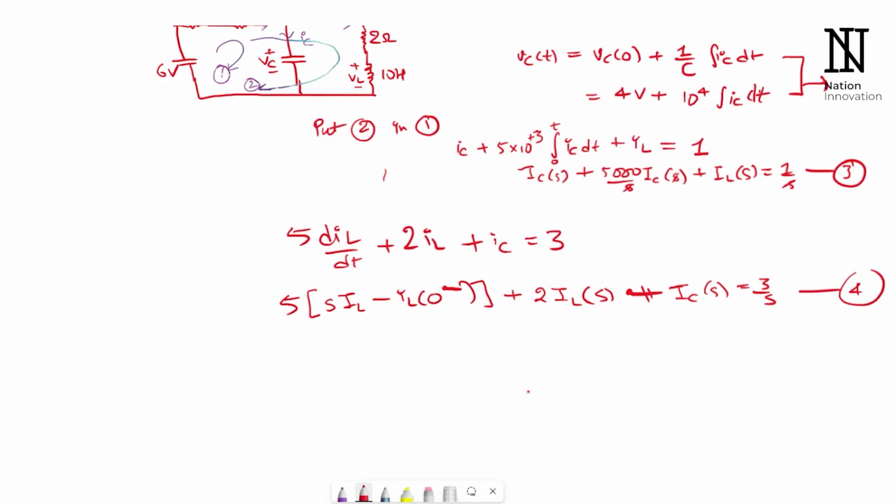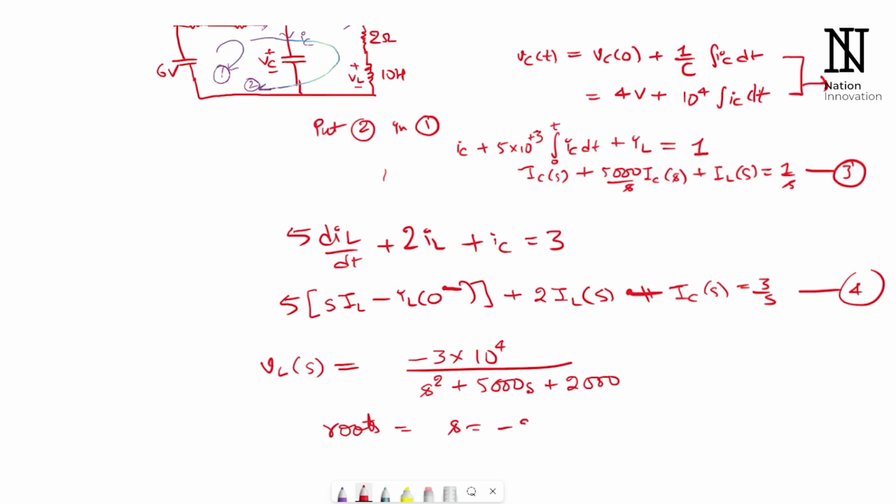From solving these equations, we will find the voltage across the inductor, given by minus 3 into 10 to the power 4 by s squared plus 5000 s plus 2000. If you solve this quadratic equation, you will get the roots s equals minus 2.5 and s equals minus 1997.5.